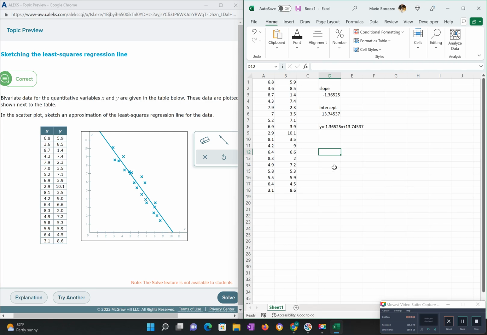The regression, which tells us, basically it's R, which is known as the correlation coefficient. And this tells us how close the points are to one another. In other words, how strong is that association.